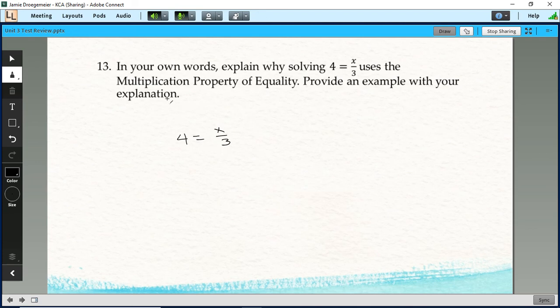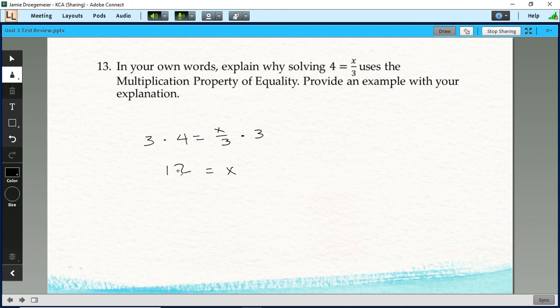So we would want to say that we use that multiplication property of equality to solve it, because we're isolating that variable, and to isolate the variable we need to undo the operation that's being done to it right now. So right now x is being divided by 3, and so to undo that operation we would need to multiply each side of the equation by 3.